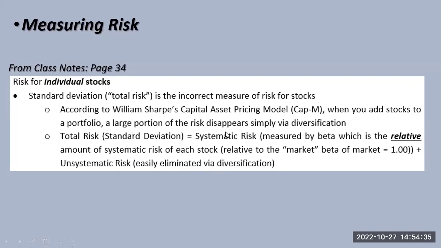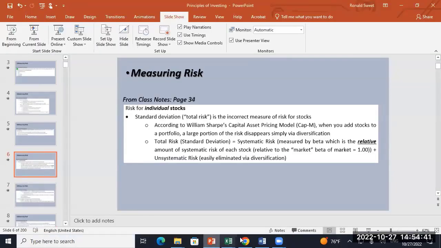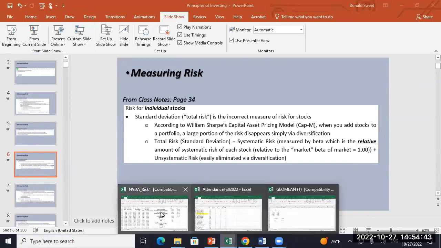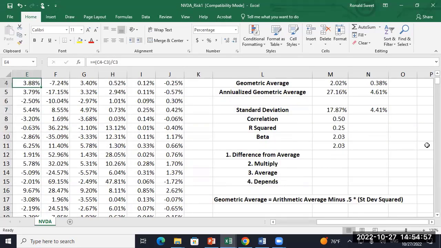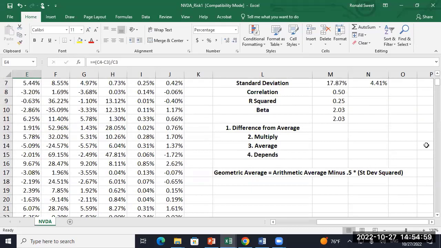Now, how much risk of a stock is systematic versus unsystematic? Let me show you some magic here. Here's NVIDIA. How do we figure out how much of NVIDIA's standard deviation is systematic and unsystematic? And the number sitting right there on the page. Anybody see it? Any guesses?